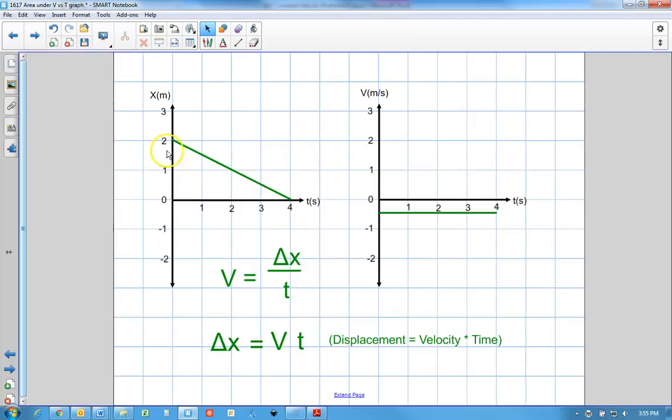Once again, if we look at the green graph just by itself, we know this has got a velocity of -0.5, and if we're going -0.5 for 4 seconds, then -0.5 times 4 would give us -2 meters. And if we start at 2 meters and we end up at 0 meters, that means we went to the left 2 meters. So this area, I'll put another box in here.